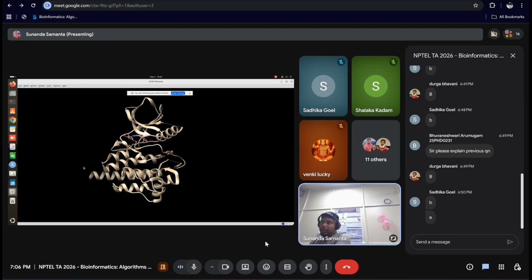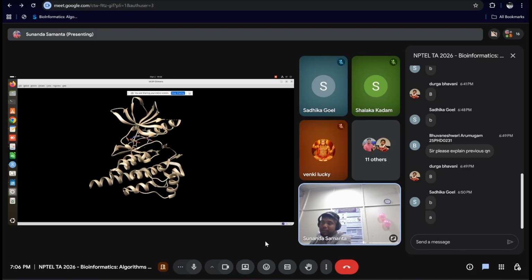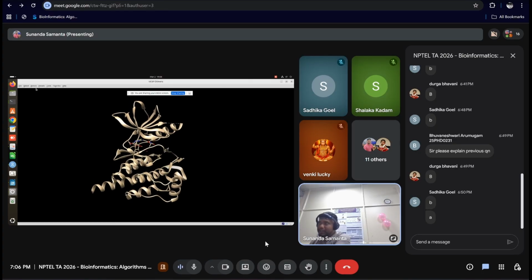So what can you do with this particular tool? Of course, you can get a full 3D view of the entire protein as well as the associated structures, for example ligands and so on. You can change the visualization through the different options available on the different tabs. You can do different types of calculations, of course.